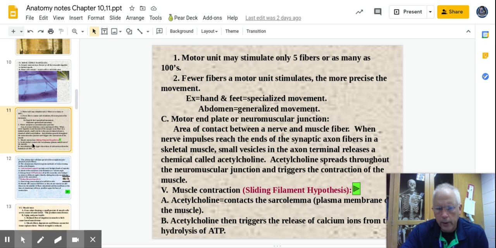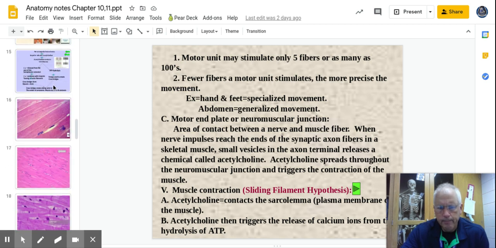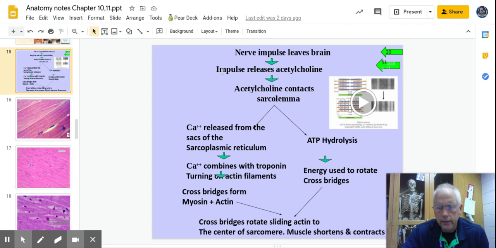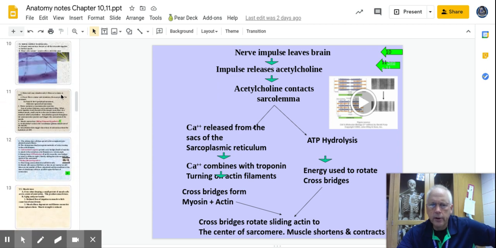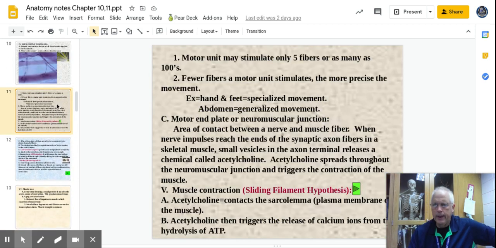It's called acetylcholine. So let's go back to our diagram, okay, and write that in. So the nerve impulse leaves the brain. The impulse releases this chemical called acetylcholine. That is the trigger. So if acetylcholine is present, your muscle is going to contract. That's kind of how it works, okay? Acetylcholine is in these little vesicles, these little sacs.